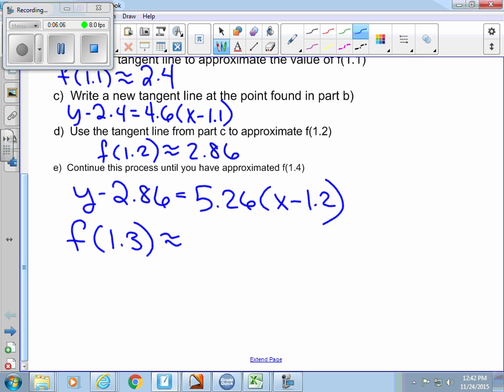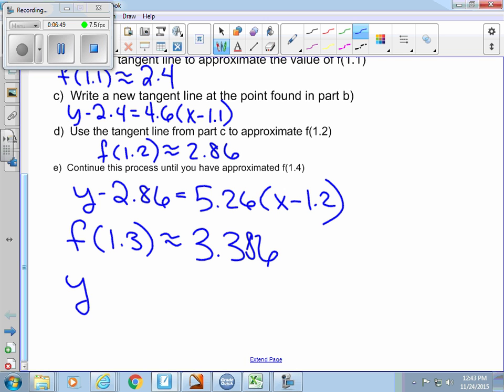And that would be 8.02. Calculator, so it's 3 point what? Okay. Any questions? Does everyone know how we're getting that? Okay, that's that 1.3.